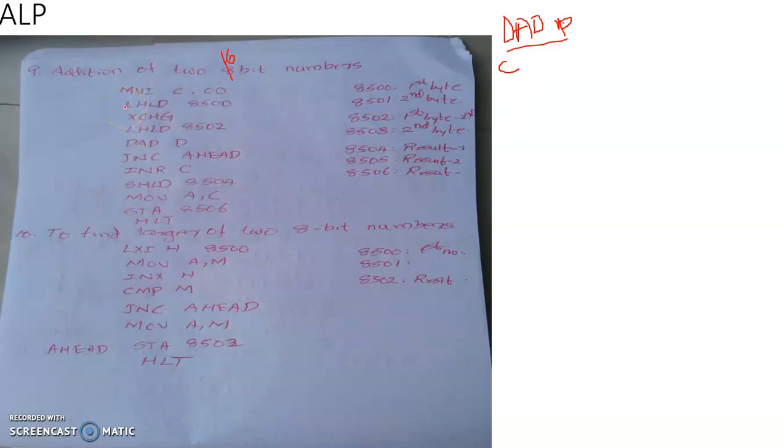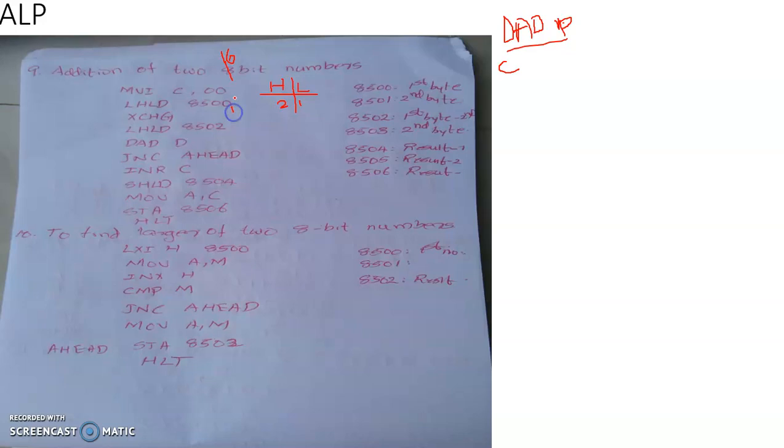Upon performing this operation, the content of the memory location 8500 will be loaded to the L register, and the content of the memory location one ahead, which is 8501, will be loaded to the H register. So in the HL pair we now have the first byte and second byte of the first number.